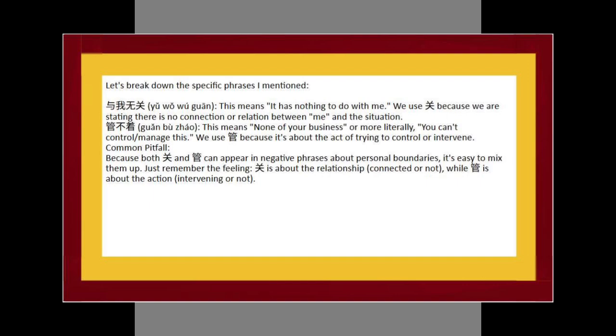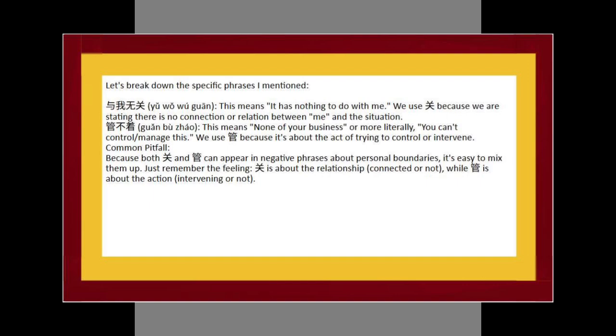We use 关 because we are stating there is no connection or relation between me and the situation. 管 means none of your business, or more literally, we can't control or manage things. We use 管 because it's about the act of trying to control or intervene.